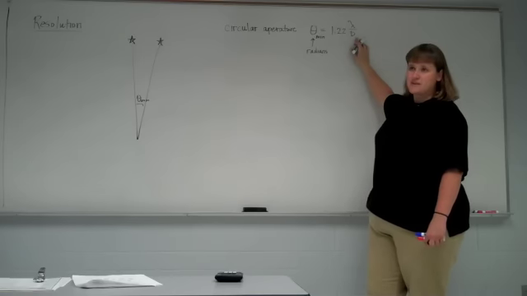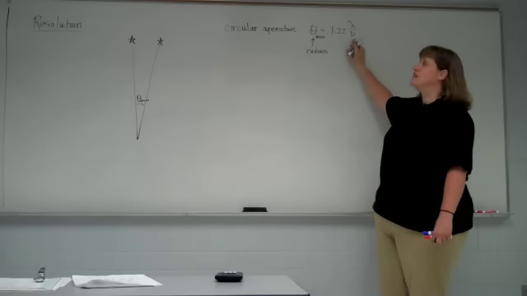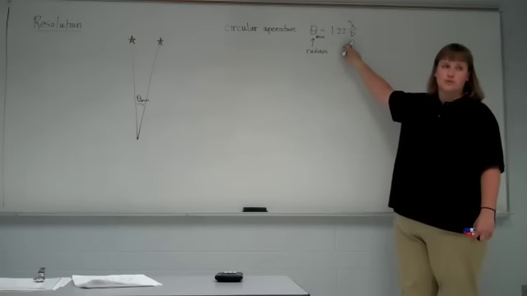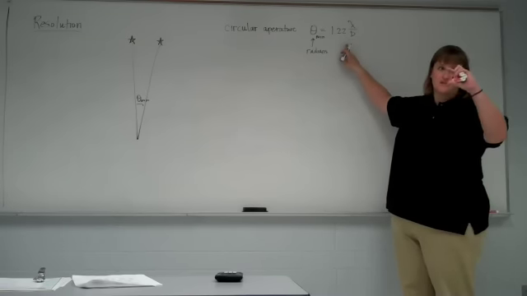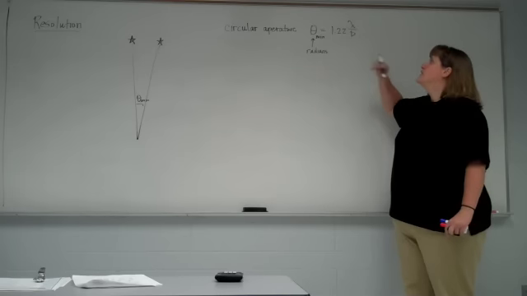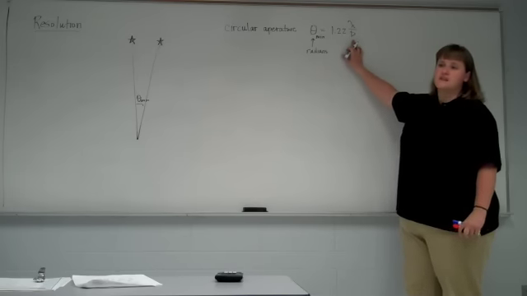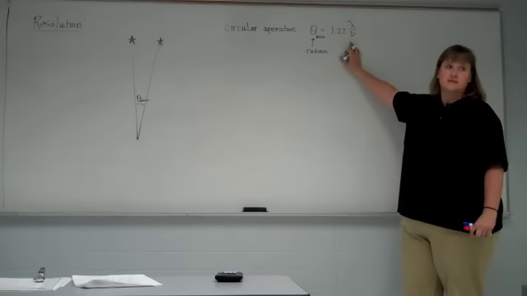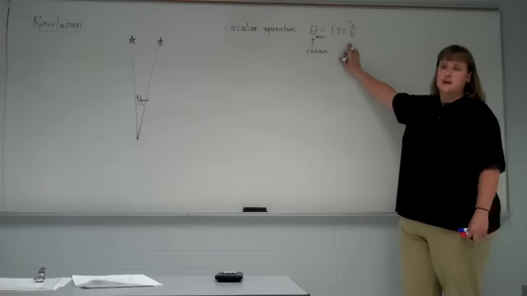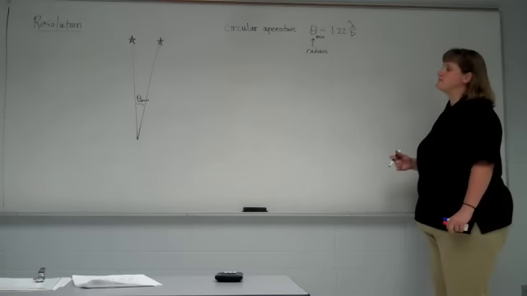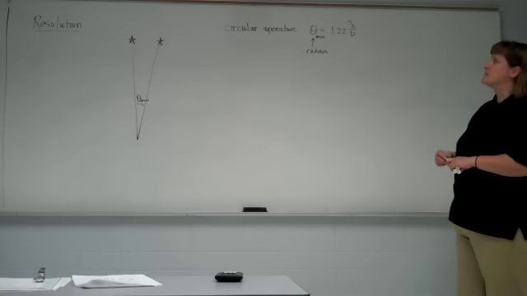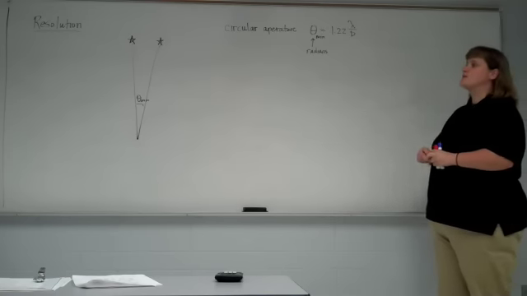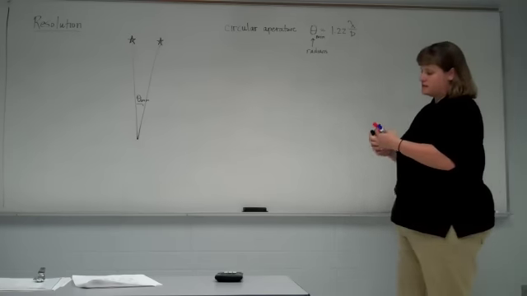D would be the diameter of whatever you're using to look at it. If you're looking with your naked eye, this would be the diameter of your pupil. If you're looking with binoculars, this would be the diameter of the first lens the light passes through. If you're using a telescope, this is the diameter of the objective, be it lens or mirror, whichever type of telescope you happen to be using. So that represents the smallest the angle can possibly be and be able to resolve what you're looking at.